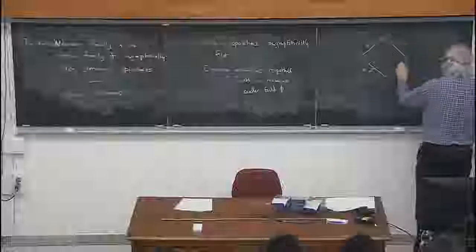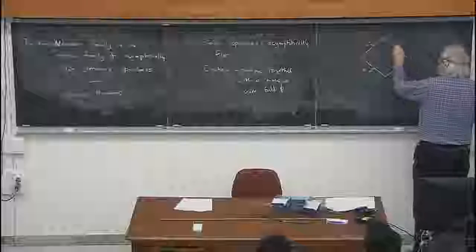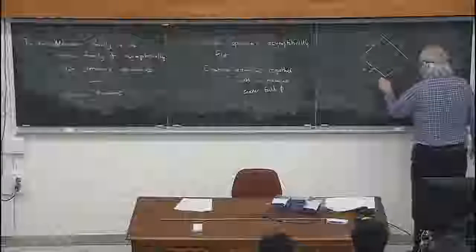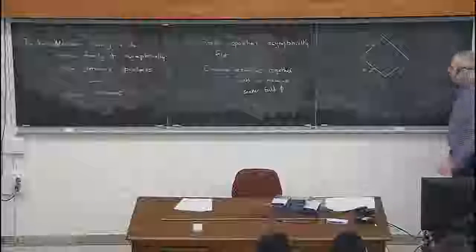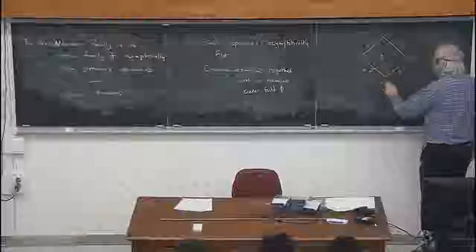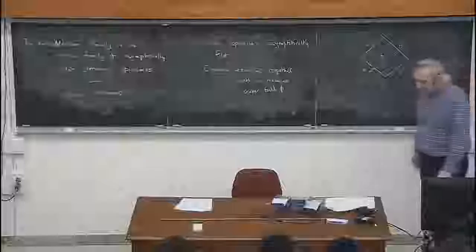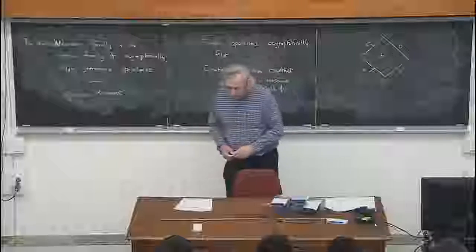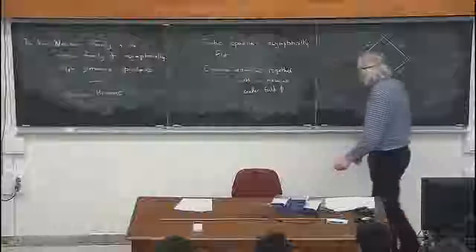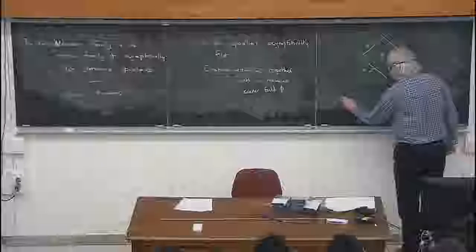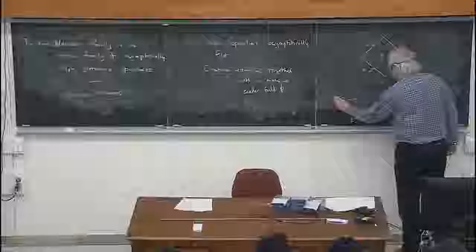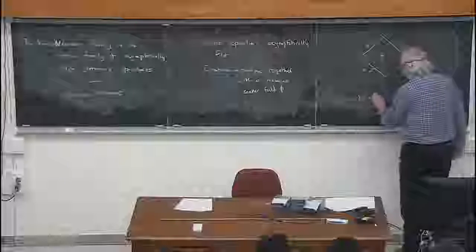Here is scri plus and scri minus, and I0 and I plus and I minus. And I'm going to imagine that I've got some kind of non-vanishing scalar field in the middle, phi. This phi is going to obey the Klein-Gordon equation, which is box minus m squared acting on phi equals 0.